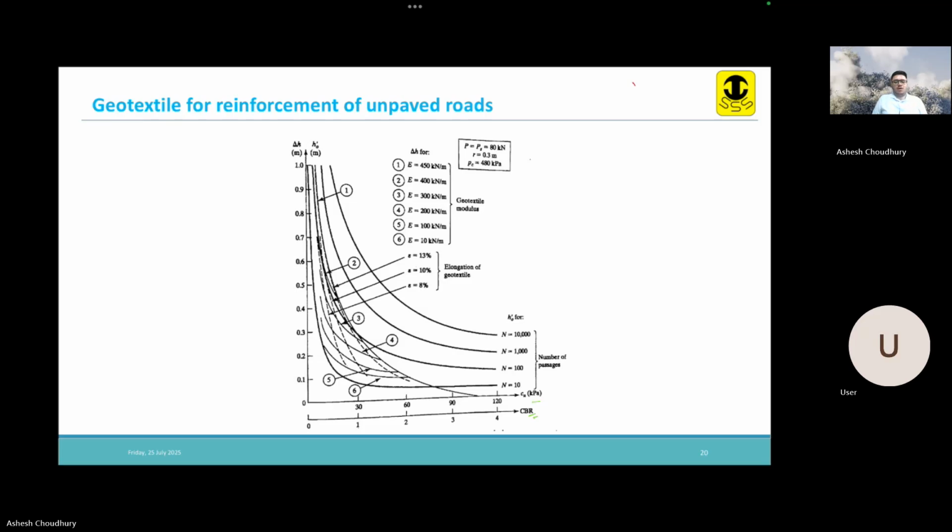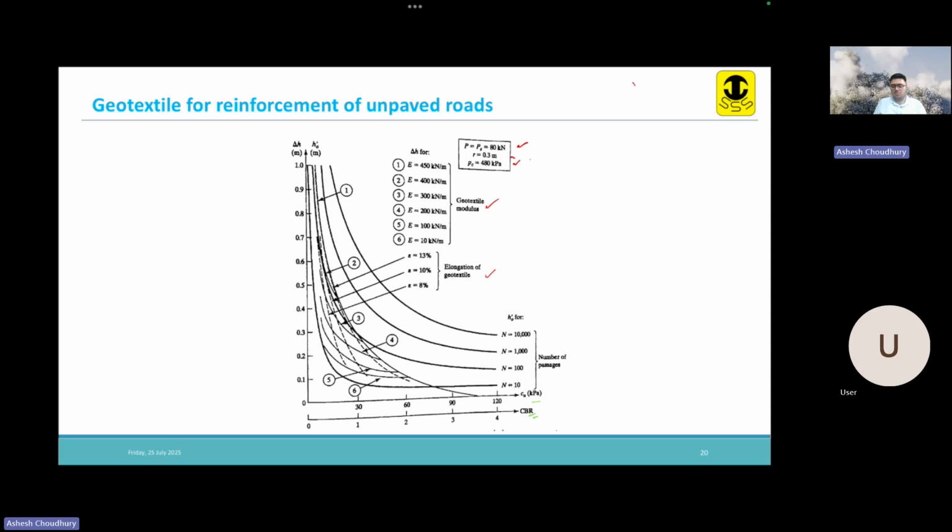Yeah. So some charts also you can make, where you have H naught. H naught is the initial thickness of the aggregate that you have. Then you have the modulus of geotextile that you are using, the elongation percentage, this epsilon, and the axle load P, the rutting depth 0.3, all this information.